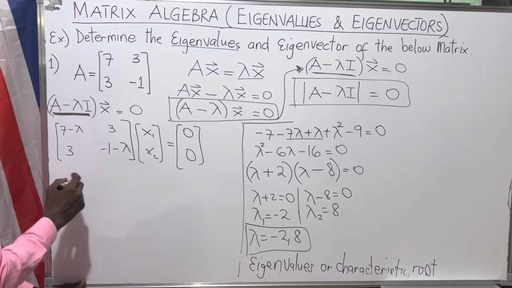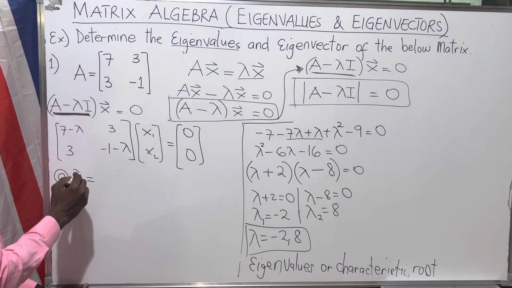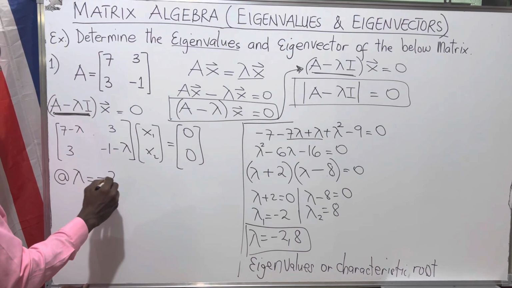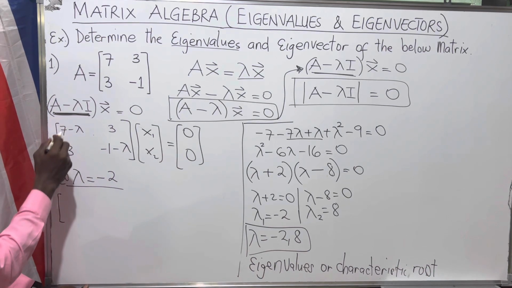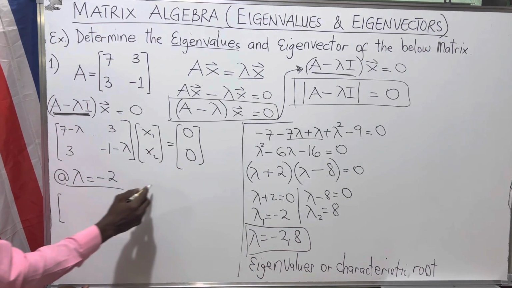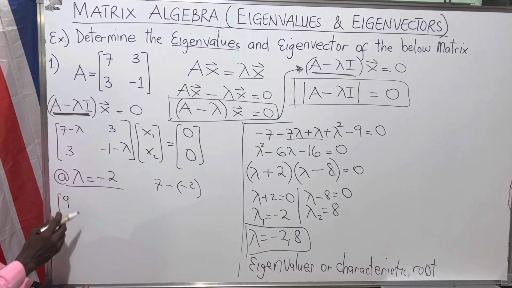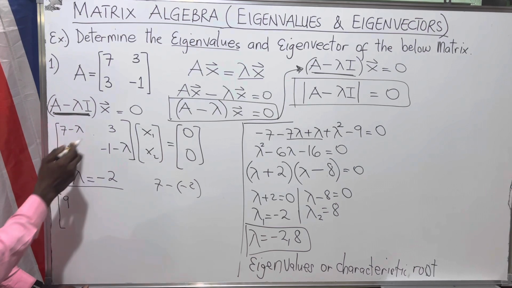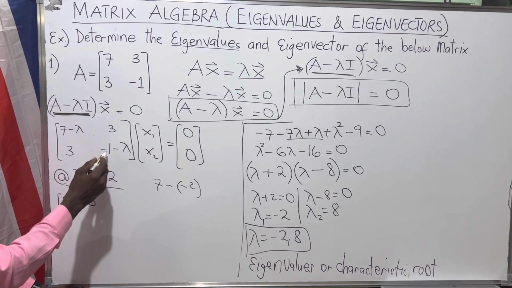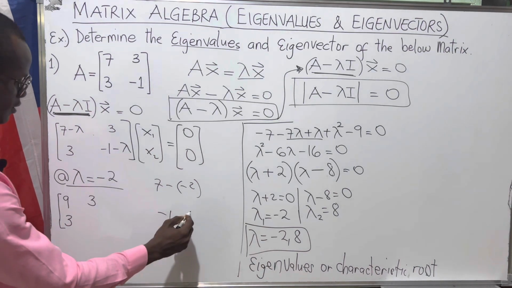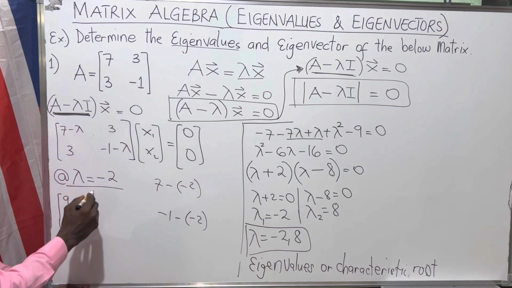We take the first value, lambda equals minus 2. When lambda is minus 2, we have 7 minus minus 2, which is plus, so you have 9. Then the next is 3, and this is also 3. And this is minus 1 minus minus 2; minus and minus is plus, so it gave us 1.